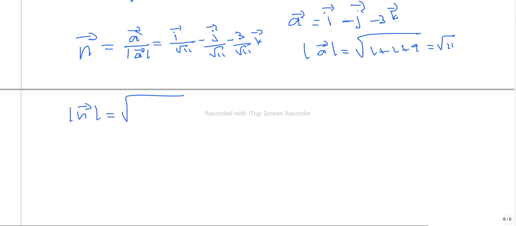Square root of 1 by 11 plus 1 by 11 plus 9 by 11. Everything is squared, so it is x² plus y² plus z² and everything adds up. Therefore we get 11 by 11, which is nothing but 1. So this n vector is a unit vector.